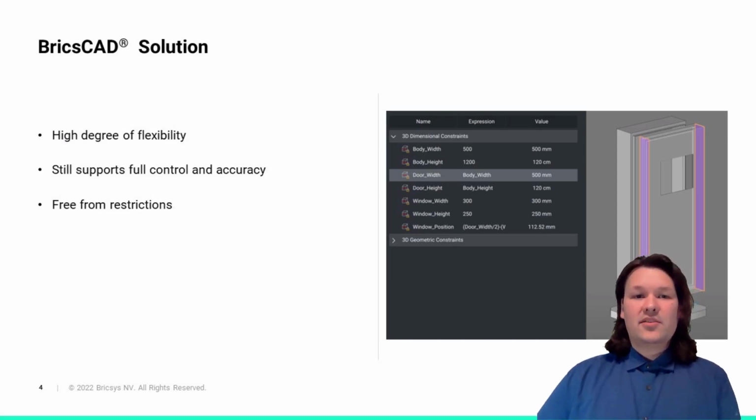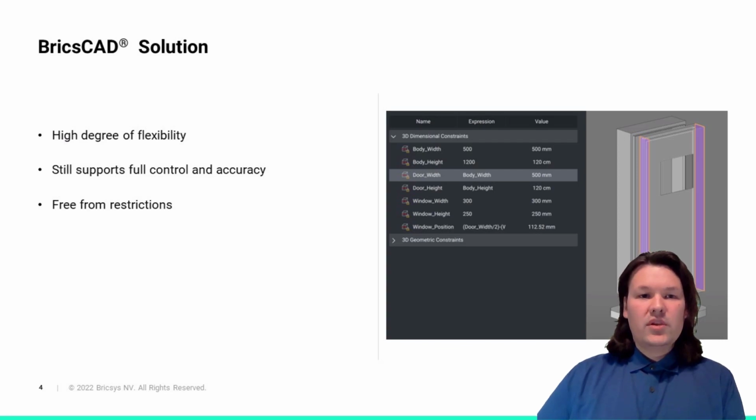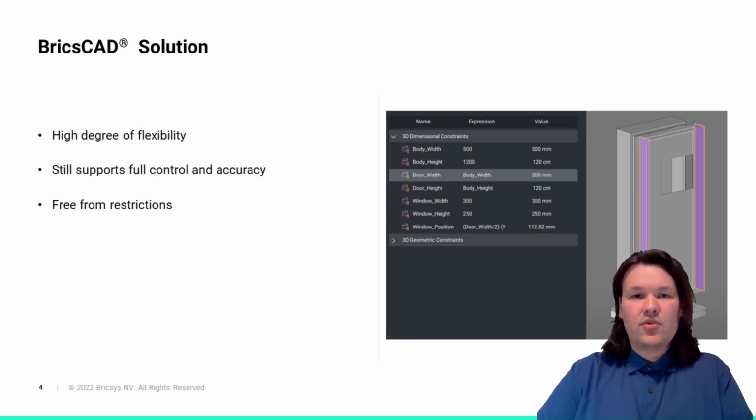One way to create parametric intelligence for your parts is shown in this demo, as you will see later in the presentation. So you will see that while we offer a direct modeling approach, we also support more advanced methods to create complex models, creating a truly variational approach, combining the best of both worlds.